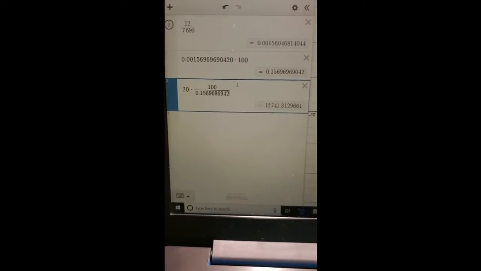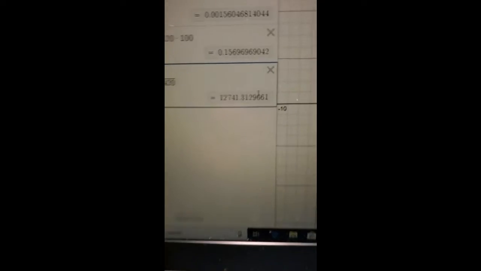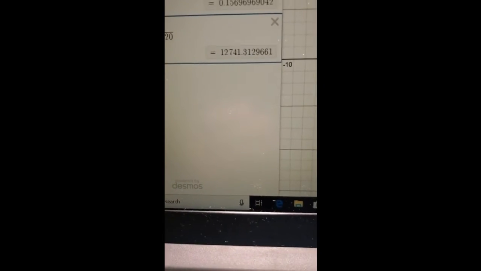696969 again, 420 lol, we get 12,741.3 power. That's how much he benches. He benches actually 12,741 pounds. Knowing this, we can now deduct this weight from how much he benches. So we now make another one.